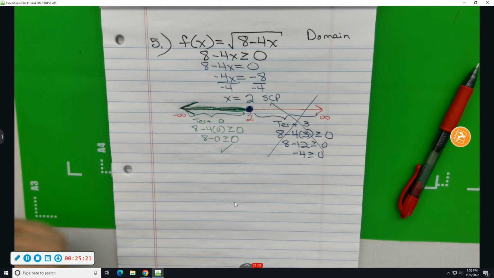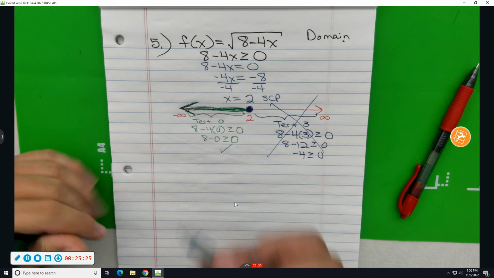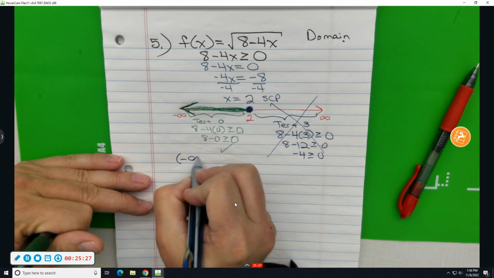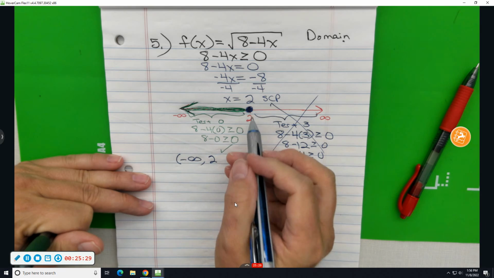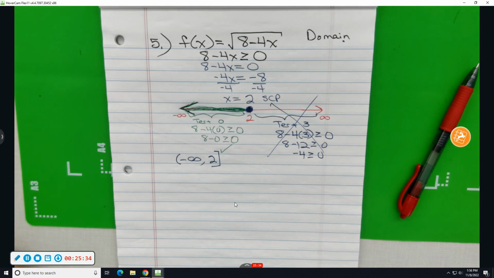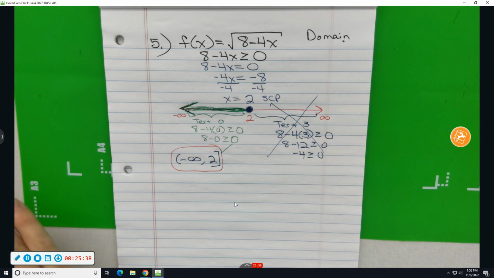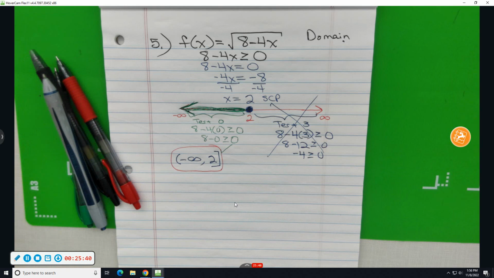And the domain is the shaded interval. Parentheses, negative infinity, comma 2. There's a bracket and a closed circle, so bracket. So we come over here.